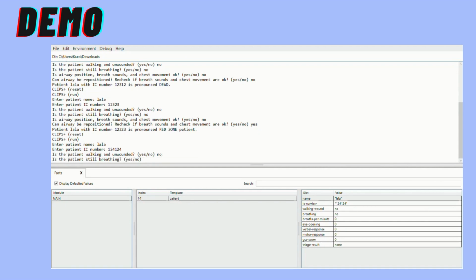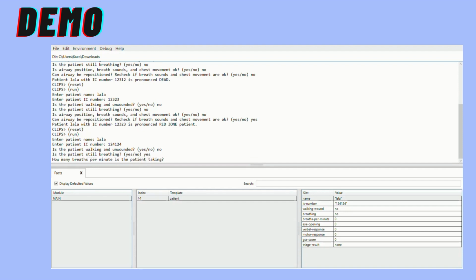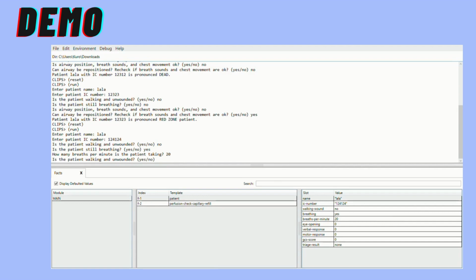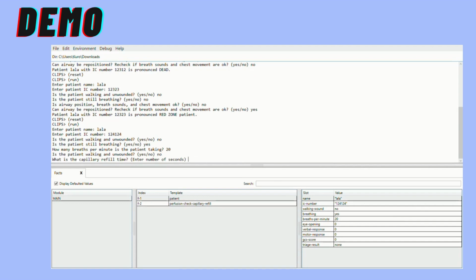This time we say yes to breathing, meaning the patient is still breathing. So it asks how many breaths per minute, and we set it to 20. The threshold here is 30, so it is either below or above 30; we try 20 first. This will ask what the capillary refill time is.